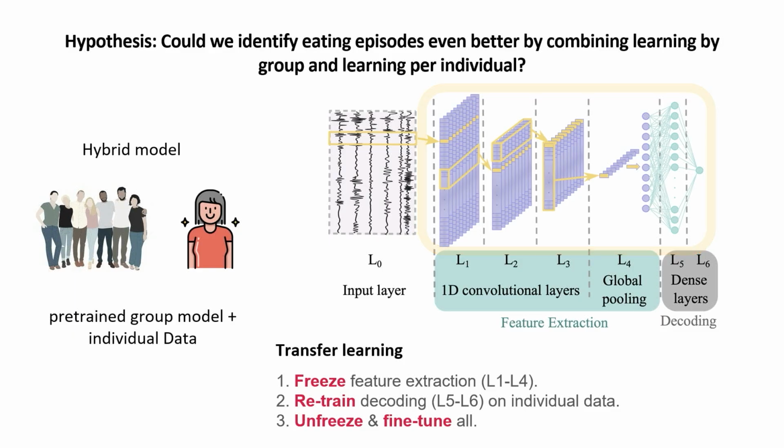We first keep the features extracted from the group data. Then we retrain the decoding part, which relates the features to the personalized eating behaviors. Finally, we unfreeze all the weights and fine-tune.